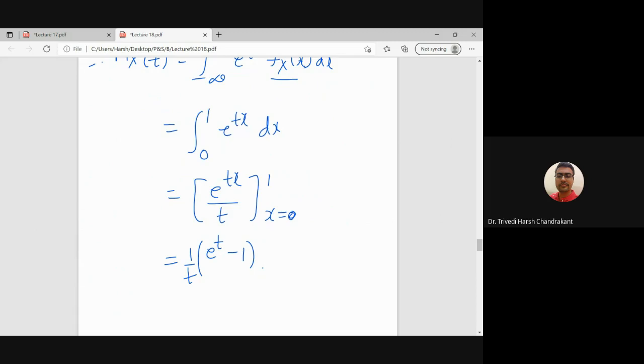And e^t has a power series expansion. Not every function has a power series expansion, but functions which are differentiable infinitely many times have a power series expansion. Here the function is e^t. 1/t is not infinitely many times differentiable, but (1/t) times (e^t minus 1) is infinitely many times differentiable.